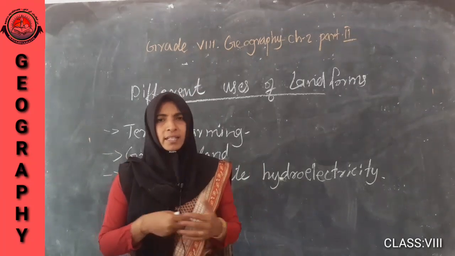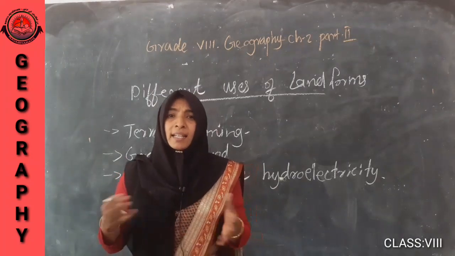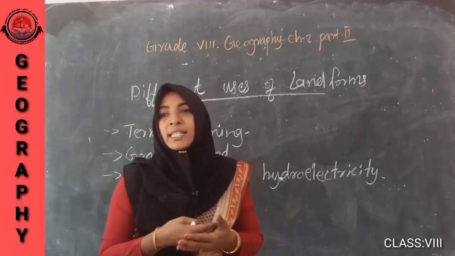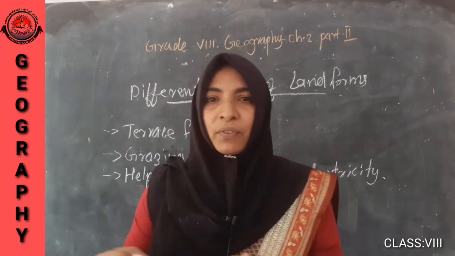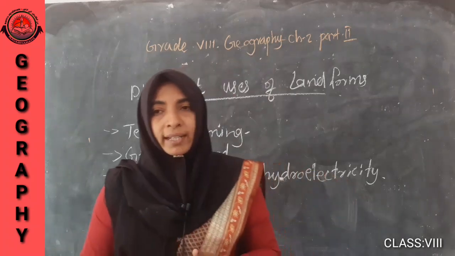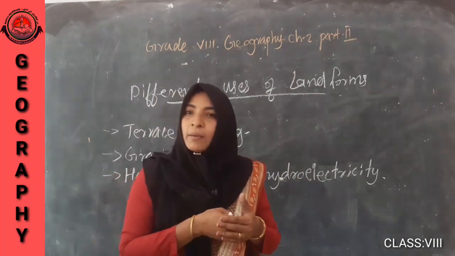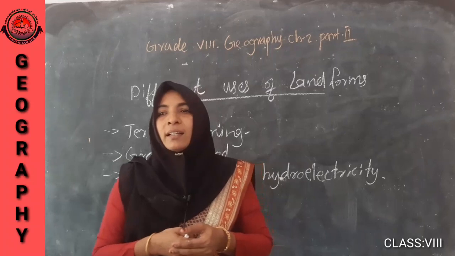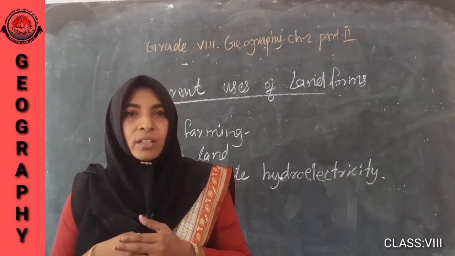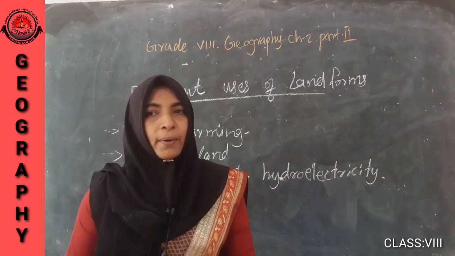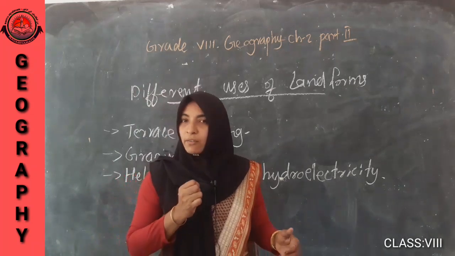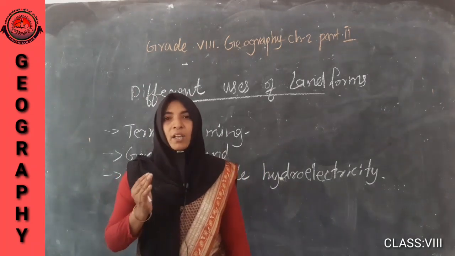That day itself we discussed that plains are densely populated areas because of their topography. That means flat land, abundant water, very fertile soil, everything is existing there. It is very easy to construct every type of transportation facility.